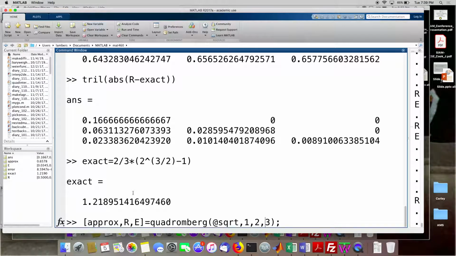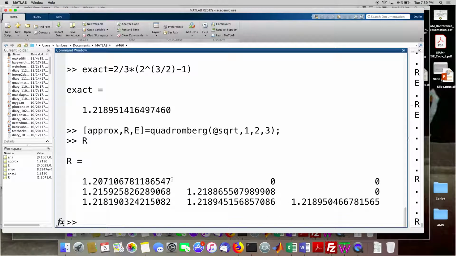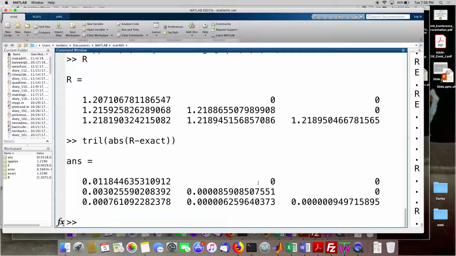All right, and if we look at the approximations, well, that's working really well again. Look at the errors. Not as dramatic as the exponential function, but we are getting second order accurate here. We are getting fourth order here.